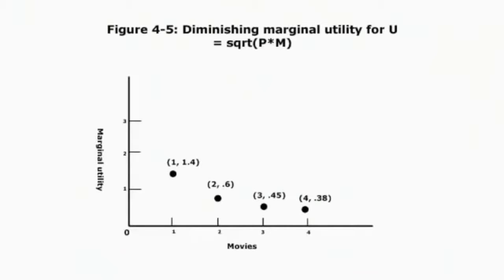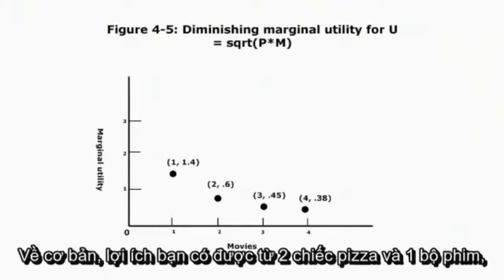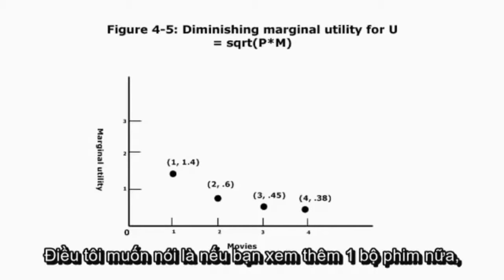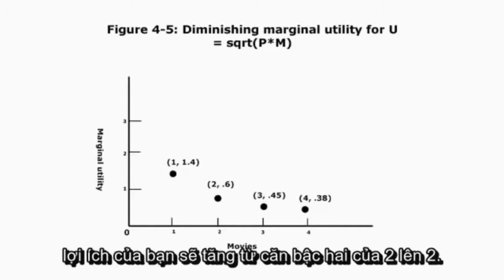So in other words, when you have 2 pizzas and 1 movie, your utility is square root of 2, right? Now what I'm saying is if you get 1 more movie, your utility is going to rise from square root of 2 to 2.